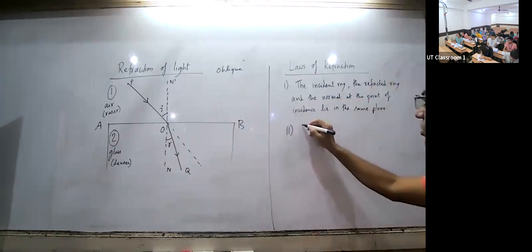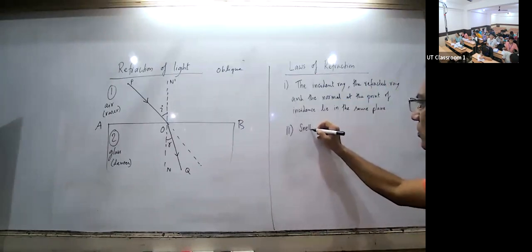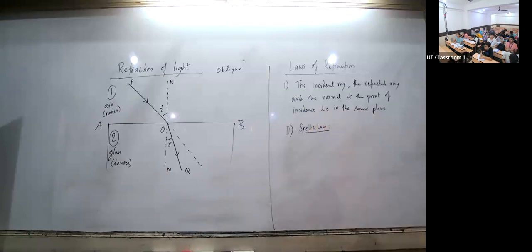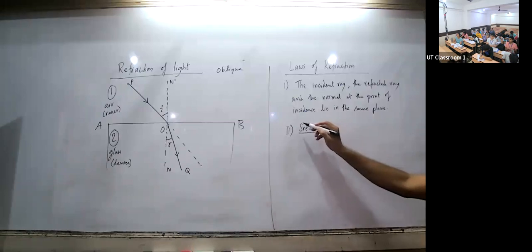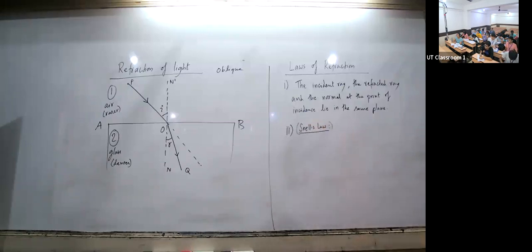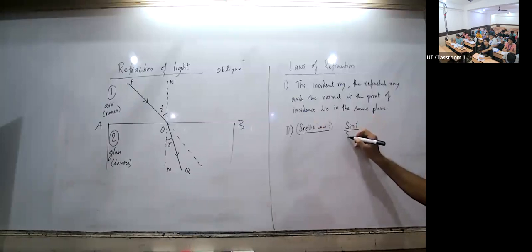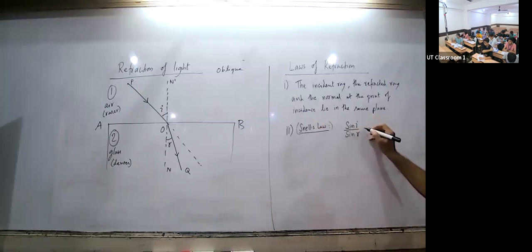The second law is known as Snell's law. What it says is that the ratio of the sine of the angle of incidence to the sine of the angle of refraction is constant.